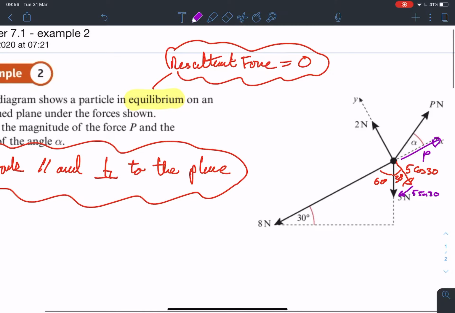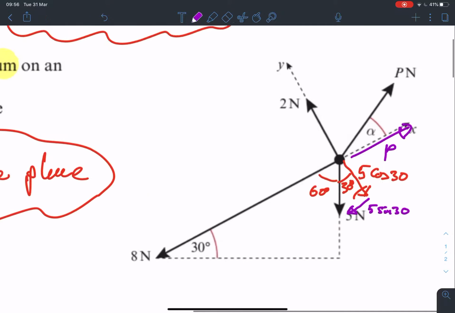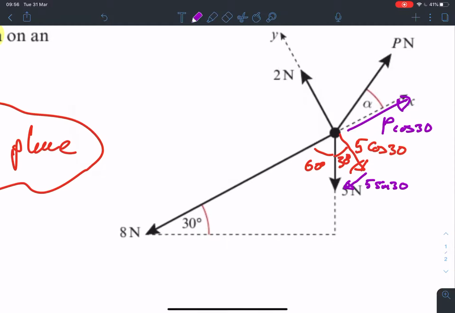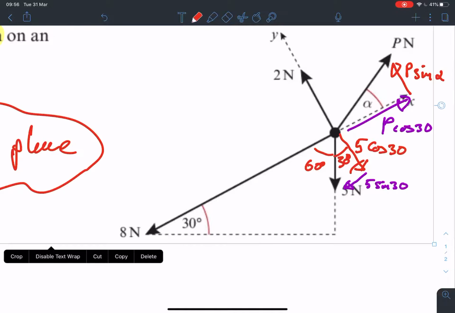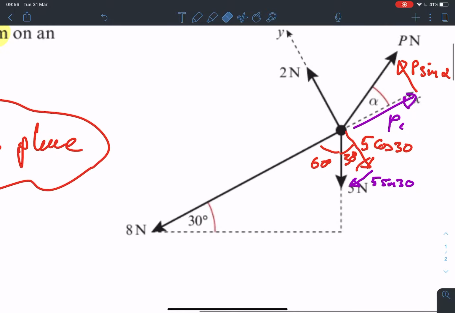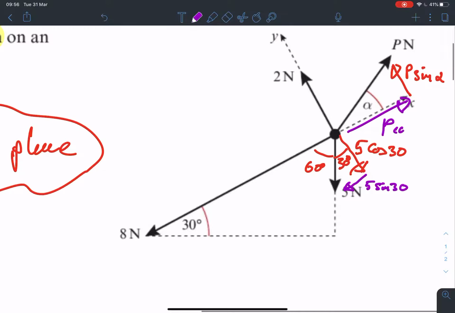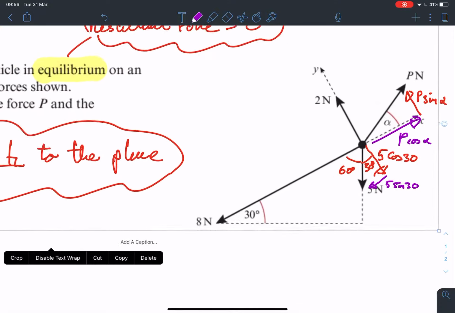So P cos 30, and here we've got P sin, and that should be alpha, not 30 down there as well, shouldn't it? So P cos alpha. Okay.